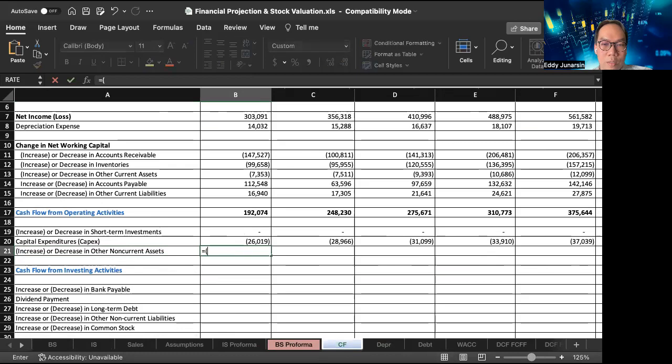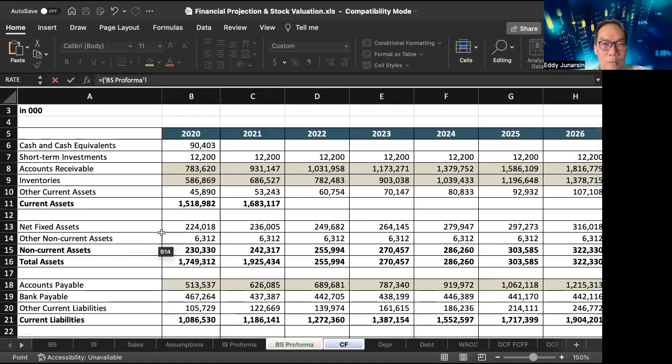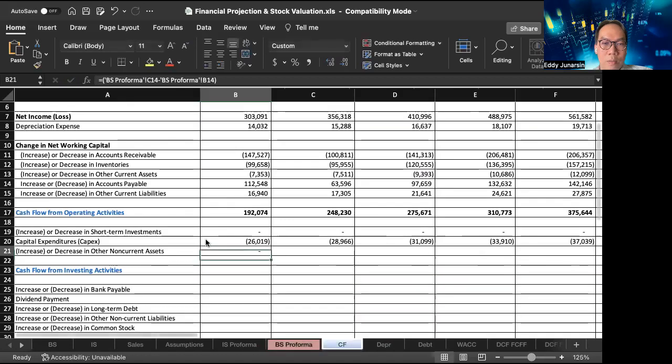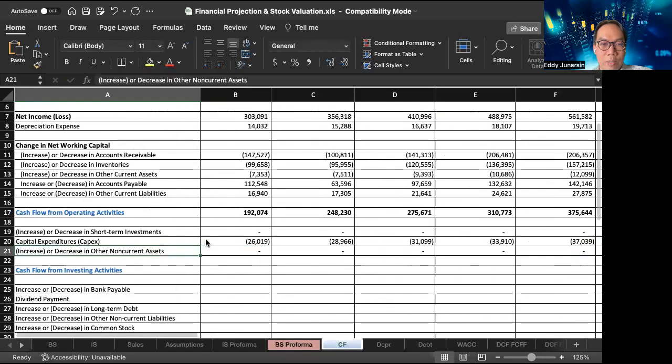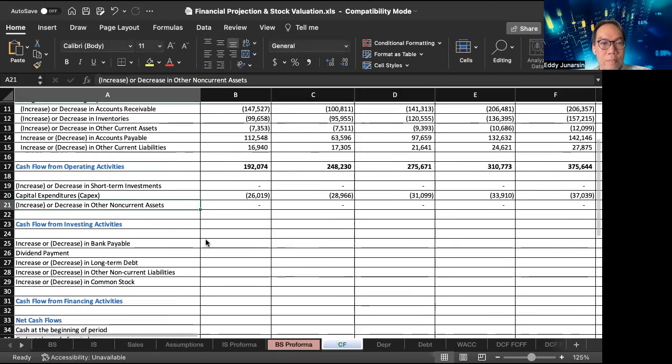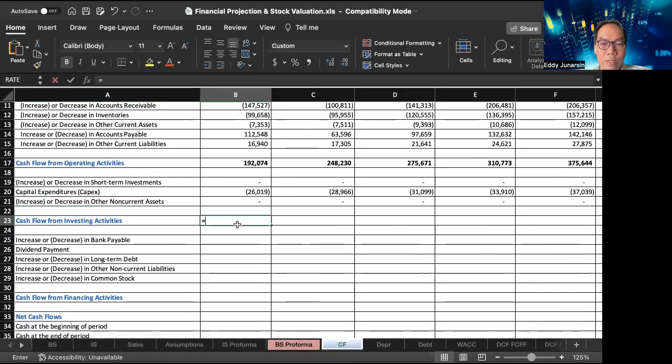And 21 minus that in 20. Yeah, it's 0. It doesn't have any addition or reduction. Okay? So cash flow from investing, sum of the 3 items here. Okay.